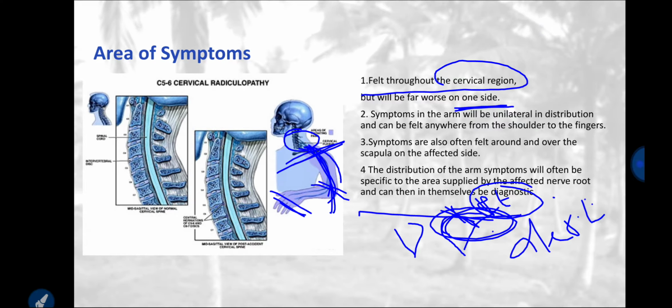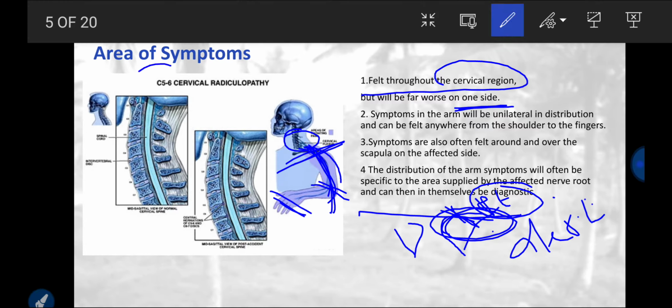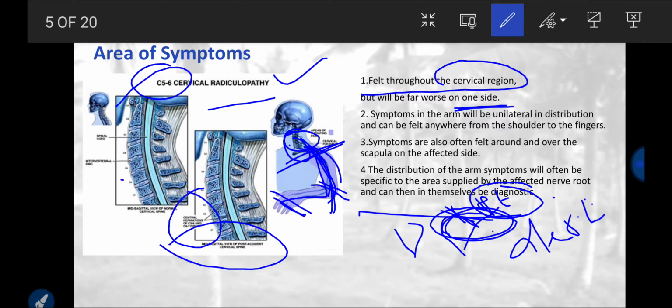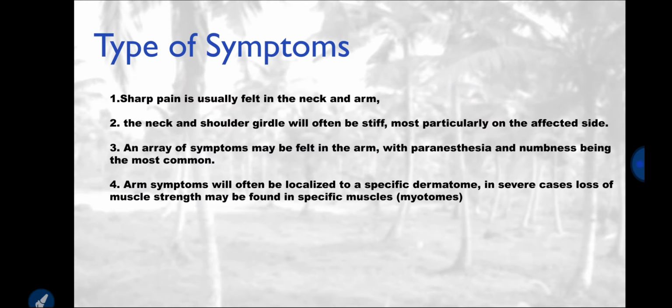So you have to be aware of which nerve is entrapped. Here you see the example of C5 and C6 cervical radiculopathy and the C5 C6 radiating pain pattern. So you have to find out which disc bulge and which nerve root is entrapped.